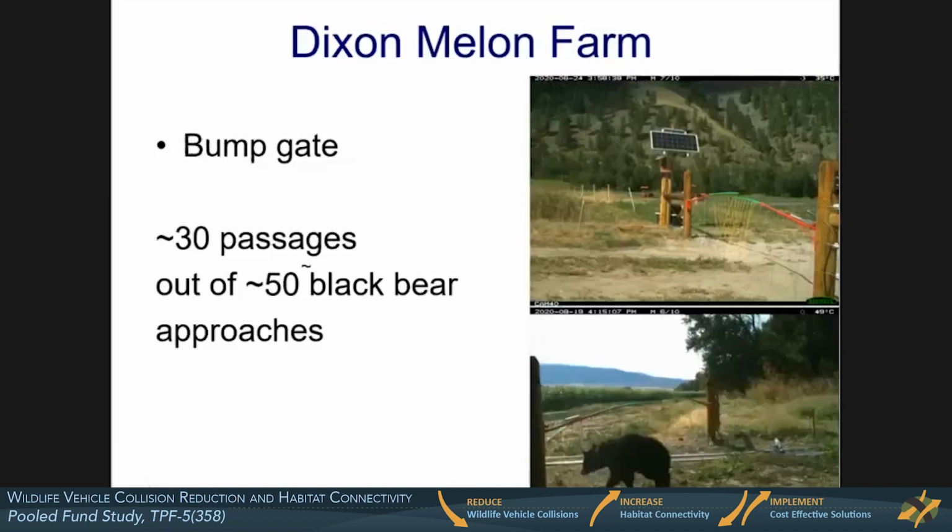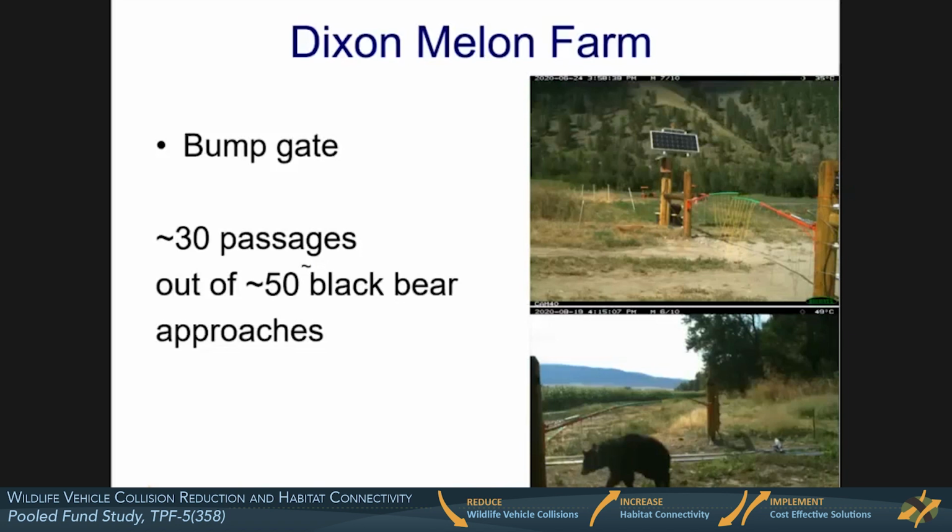The bump gates, there were 2 locations equipped with these bump gates. They performed far less. As you can see by the image in the lower right, there's a black bear that simply walks in between the strands that hang down. Now, these strands are electrified, but it seems that the attractiveness of the melons is very high, because they've been exposed to it for many years prior.